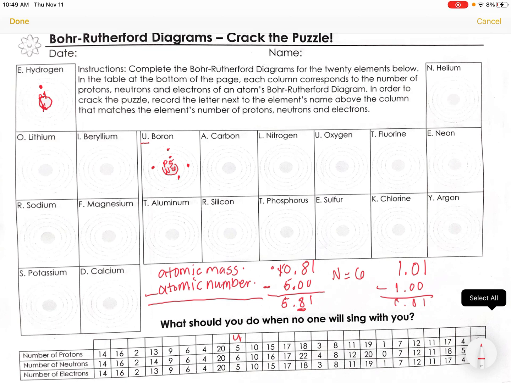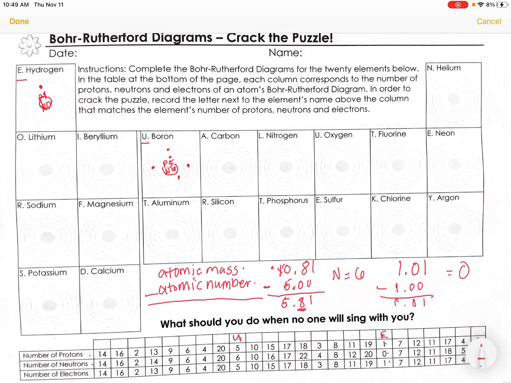For rounding purposes, that really just equals 0. So my number of neutrons is 0 here. So it looks for protons, neutrons, and electrons: 1, 0, 1. I come over here, 101, and I'm going to write down this letter right here. I'm going to put an E.